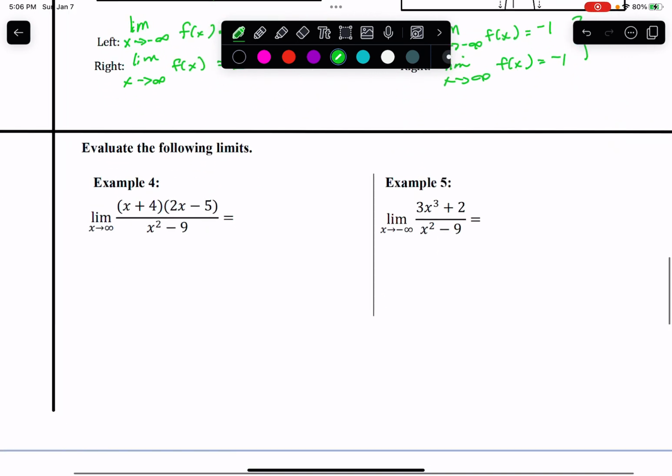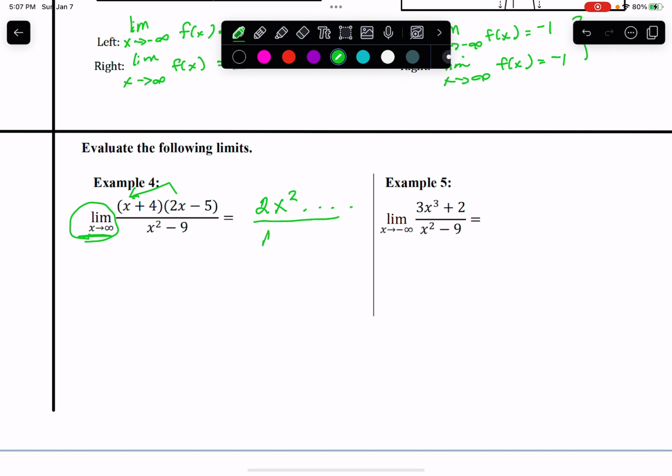All right, so if we're going to evaluate some limits, this is really saying, what's the end behavior on the right-hand side as x goes to infinity? We're going to do the same thing. We're just going to look at it and decide what it would be. Now, if I multiplied these two together to get my first term, I would have 2x squared, and here I have x squared.